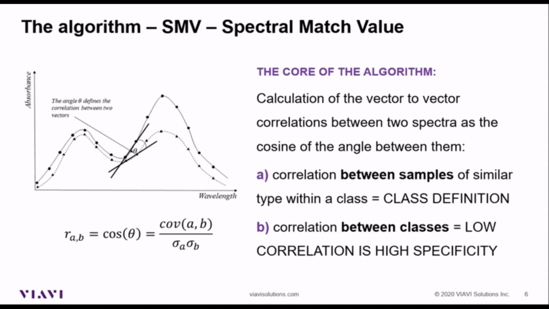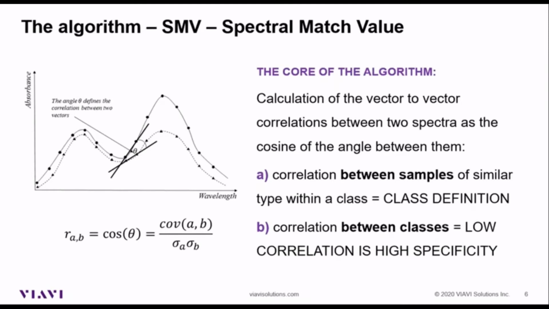But of course, I don't have just a correlation between classes, I also have correlation between samples. So it's really crucial to do a really focused sampling, a representative sampling of each ingredient that I want to model. It's not enough to acquire one spectrum of paracetamol and say, okay, I have evaluated all the possible paracetamol that I want to analyze.